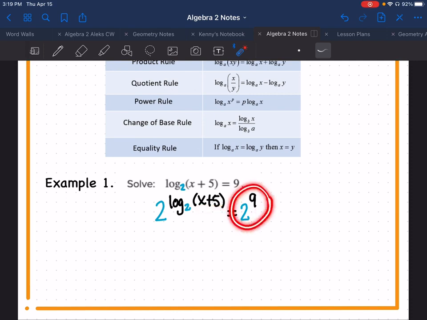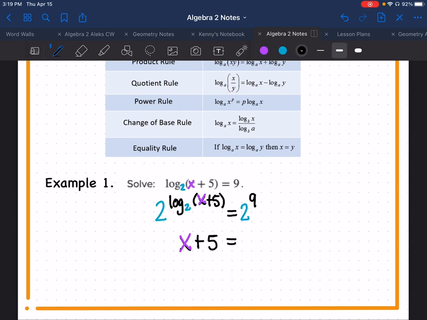I can put this into a calculator, and it will tell me what 2 to the 9th power is. Remember, we are solving for x. Let me make it purple to remind myself that I'm solving for it. Basically the log and the base 2 cancel each other out, and I have x plus 5 left, whatever was inside the parentheses.